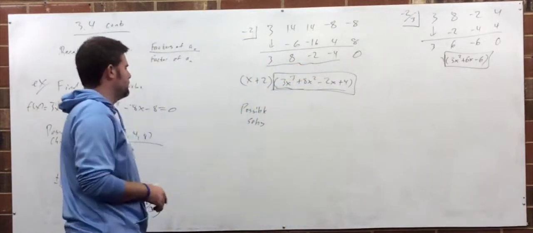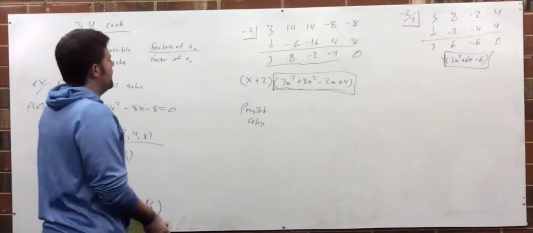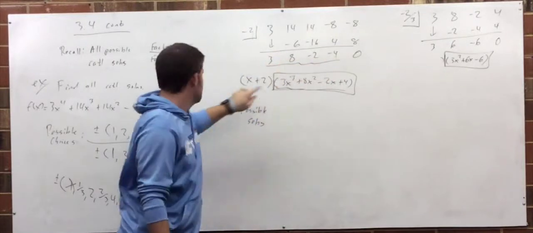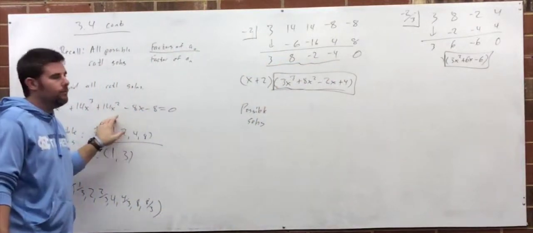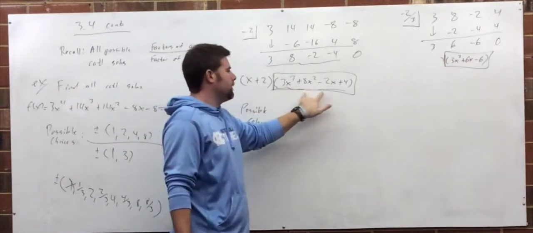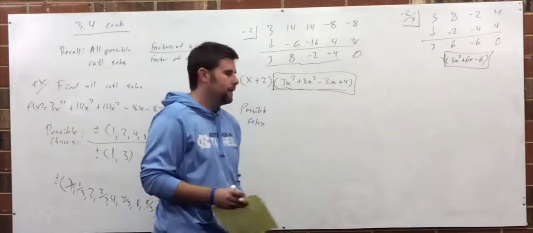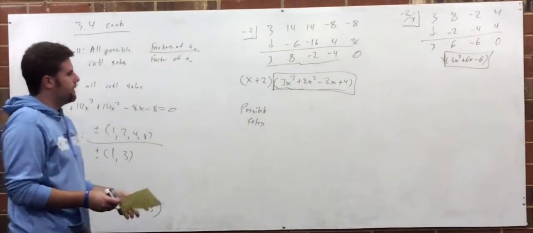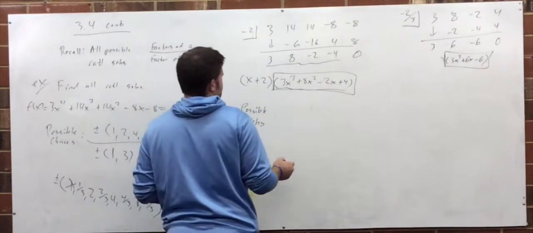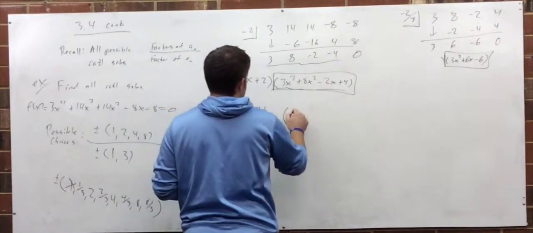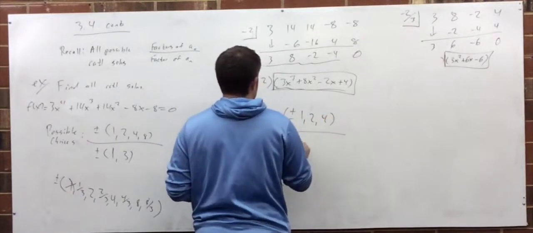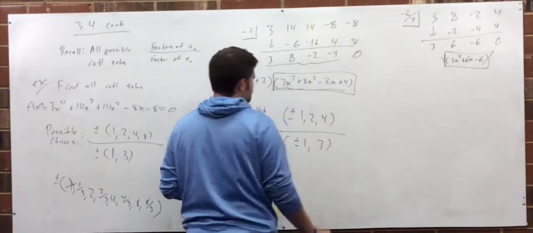But here's where we do something different. What that tells us is x plus 2 times this quotient equals the original equation. From this point forward, we don't worry about the original equation. We are now dealing with this equation, which eliminates some of these possible choices and saves us quite a bit of time, actually. So, what are the possible solutions on this one? Well, it's plus or minus 1, 2, and 4 divided by plus or minus 1 and 3.